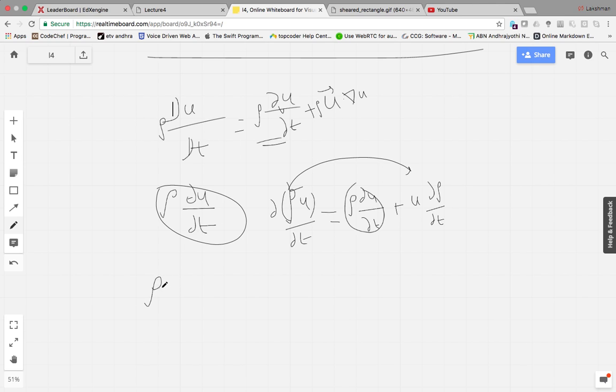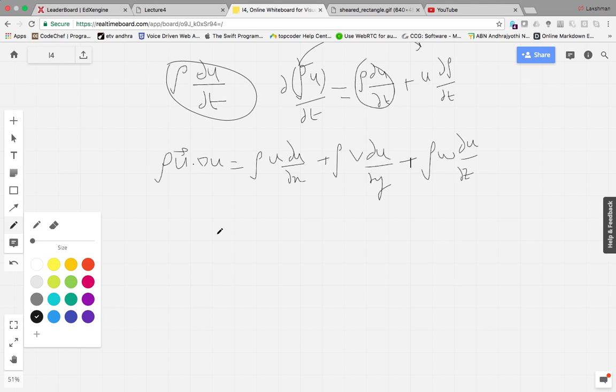Let's look at this one more clearly. So this is V dot grad u, which is nothing but rho u du by dx plus rho v du by dy plus rho w du by dz. That is the expansion for this one.